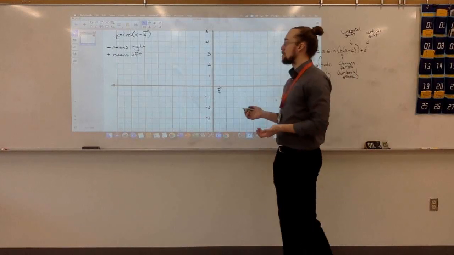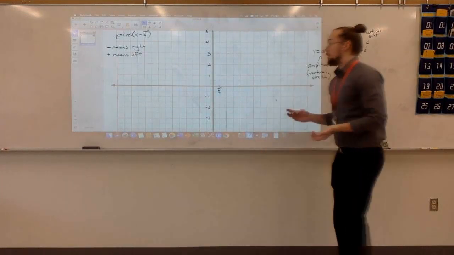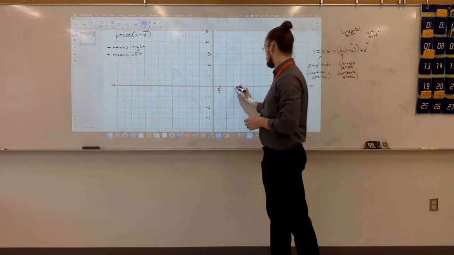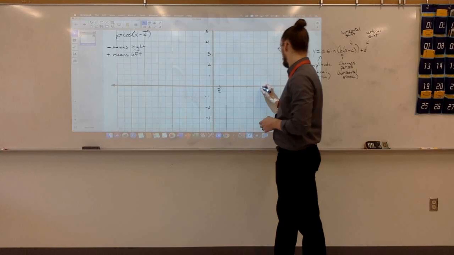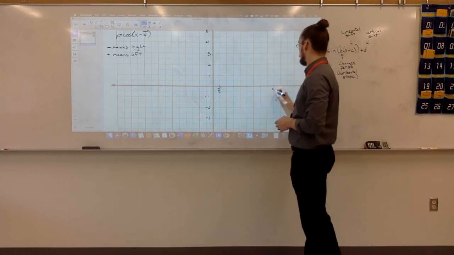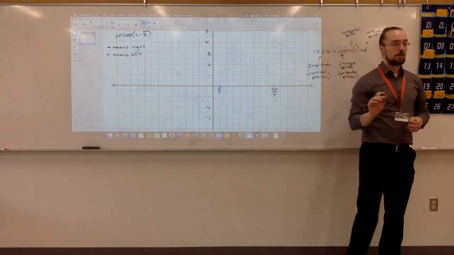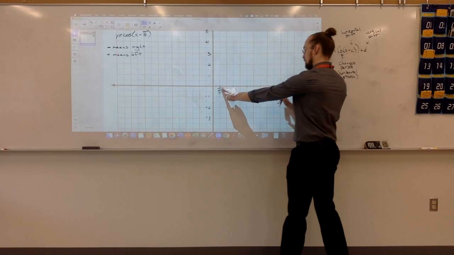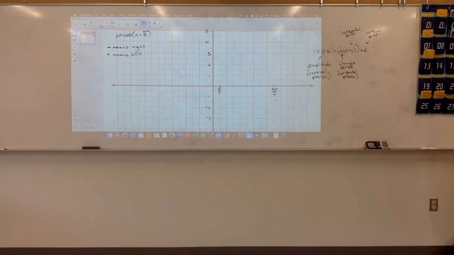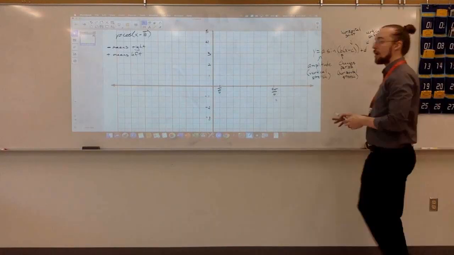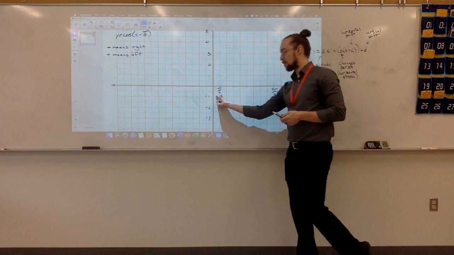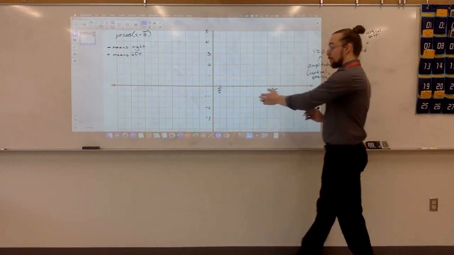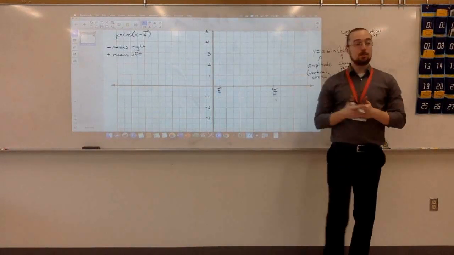So 2 pi plus pi over 4 would be 9 pi over 4. So I went from 0 to 2 pi, and I just shifted that pi over 4 to the right. So all I did was add pi over 4 to my starting point, and add pi over 4 to my ending point.